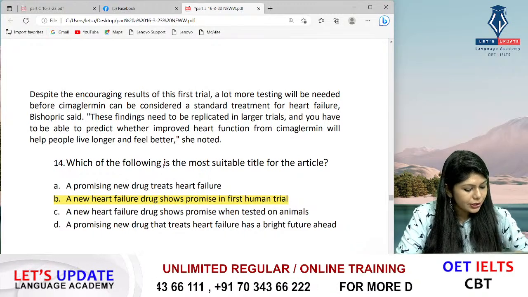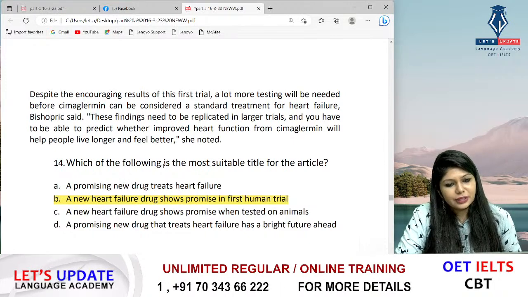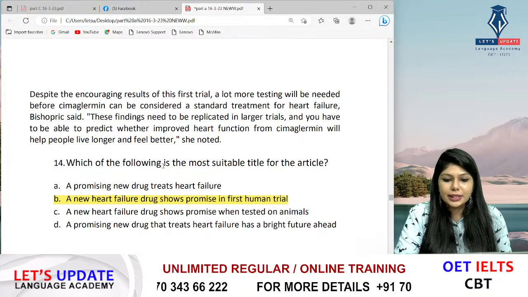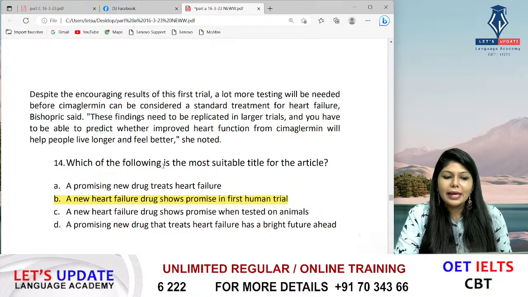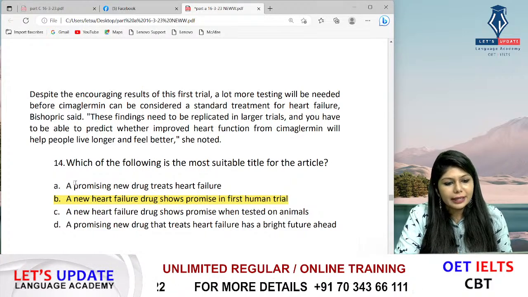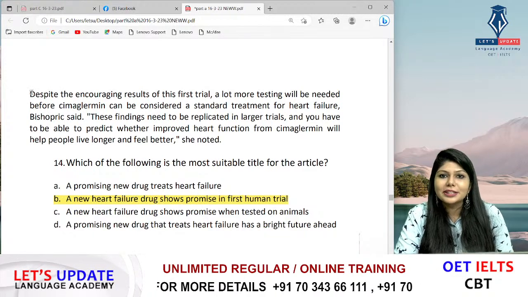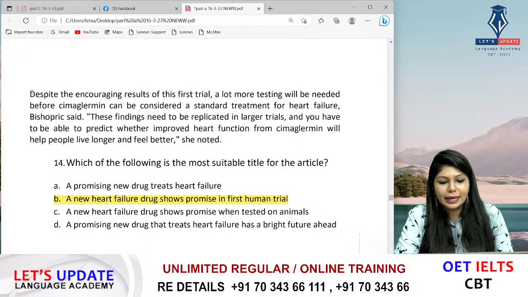Though in the very first trial it showed encouraging results, it can be replicated in larger trials also, and you will be able to predict whether improved heart function will help people live longer and feel better. So that is mentioned explicitly in the paragraph, and which is why your answer is B.